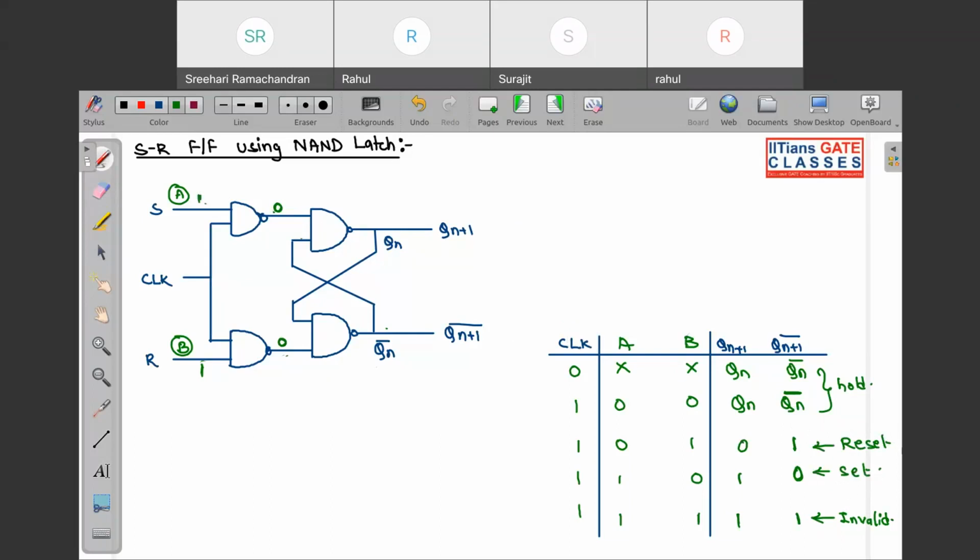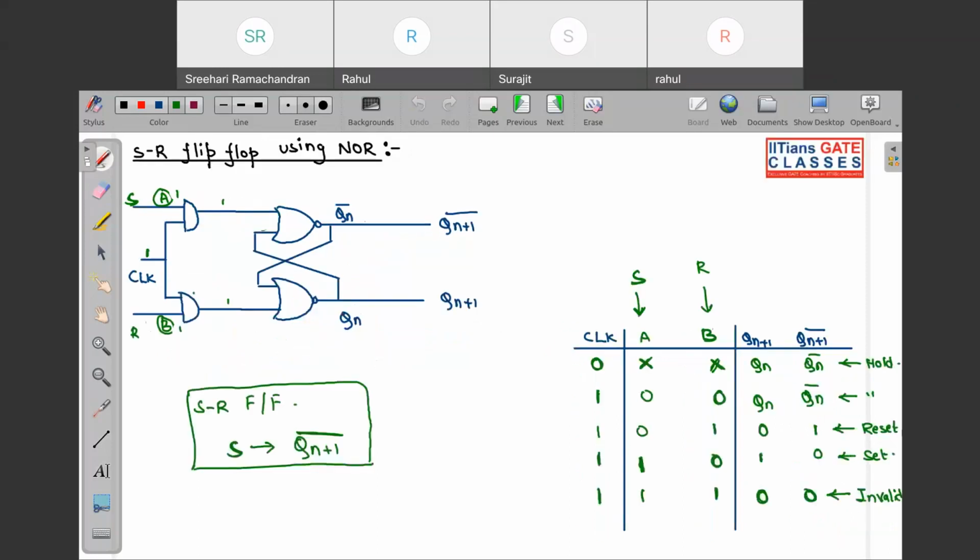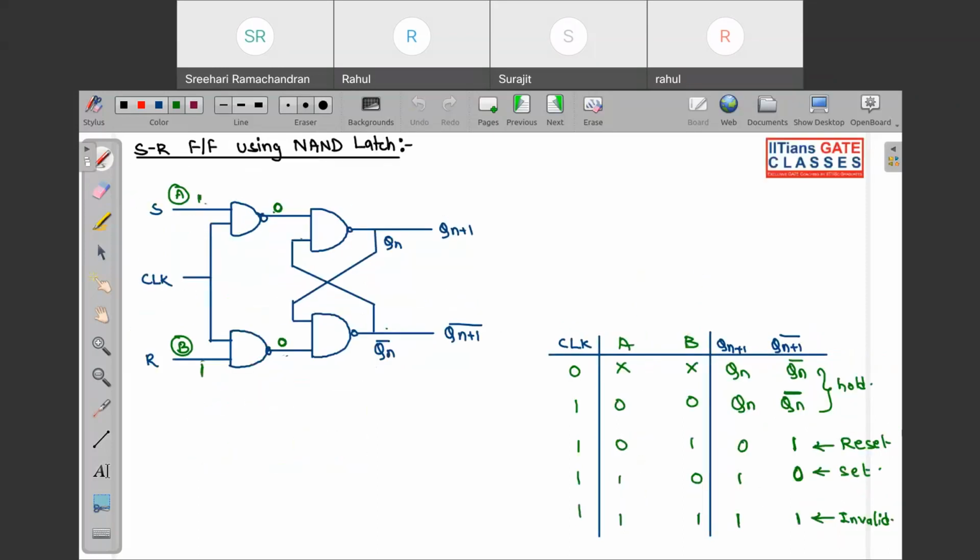Okay, fine. So now we have seen SR flip-flop using NAND latch and SR flip-flop using NOR latch. Now see very carefully. If we don't know out of A and B which is set and which is reset, I have marked it over here because I know. So if we don't know, look for the input which is making set.